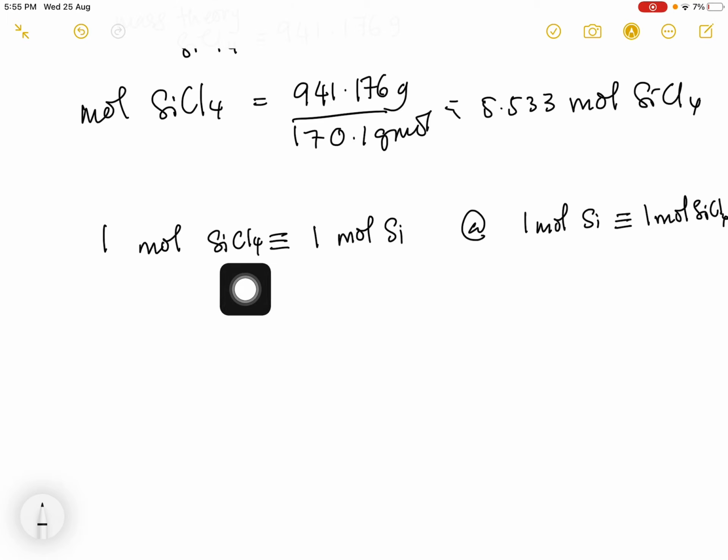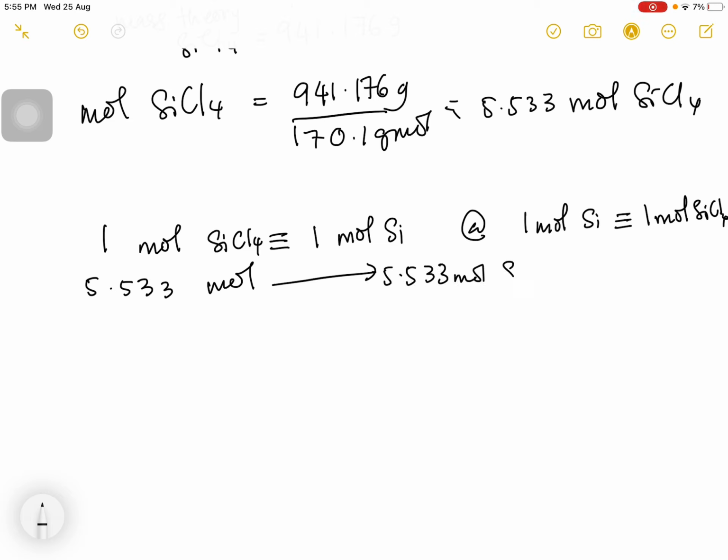So the silicon tetrachloride that we will form is 5.533 mole. That means it comes from 5.533 mole of silicon. So how many gram of silicon is in this 5.533 mole?